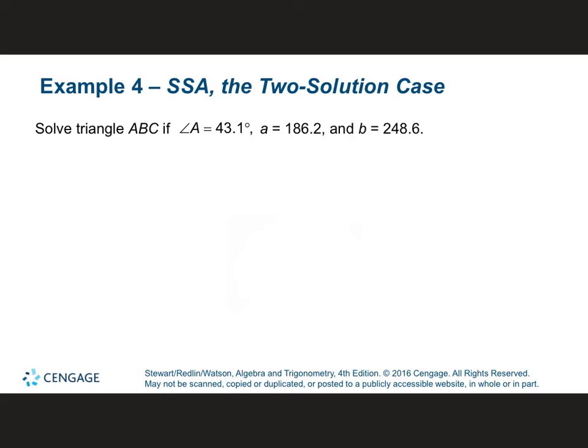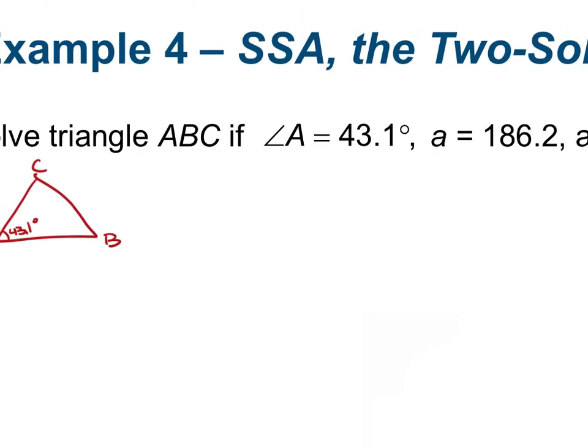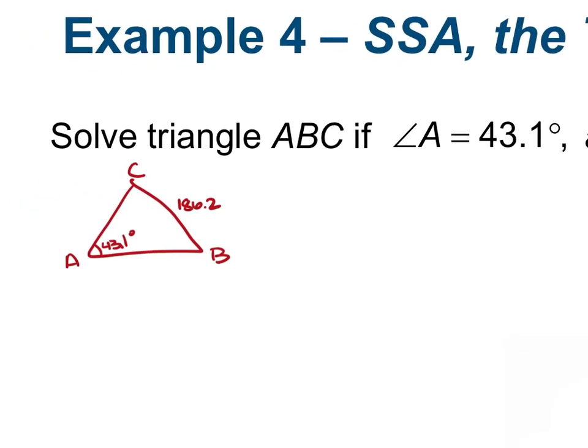Now, if we draw our triangle, so we have a visual, we can label this A, B, and C. It tells us that angle A is 43.1 degrees. It also tells us that side length A is 186.2 and side length B is 248.6.